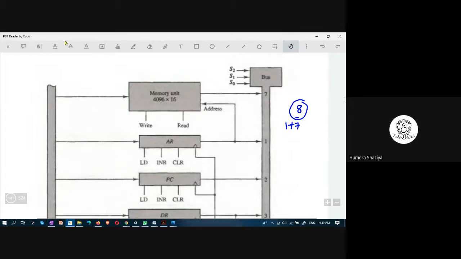You see in this bus, there are 3 selection input lines, S0, S1, S2. The memory unit is sending on this bus. The memory unit has 4096 words, each having 16 bits.